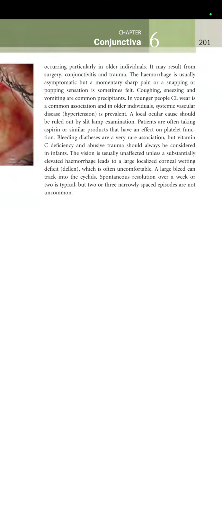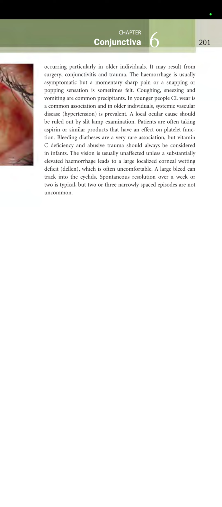In younger people, contact lens wear is a common association, and in older individuals, systemic vascular disease and hypertension are prevalent. A local cause should be ruled out by slit lamp examination. Patients are often taking aspirin or similar products that can have an effect on platelet function. Bleeding diathesis is a very rare association, but vitamin C deficiency and abusive trauma should always be considered in infants.